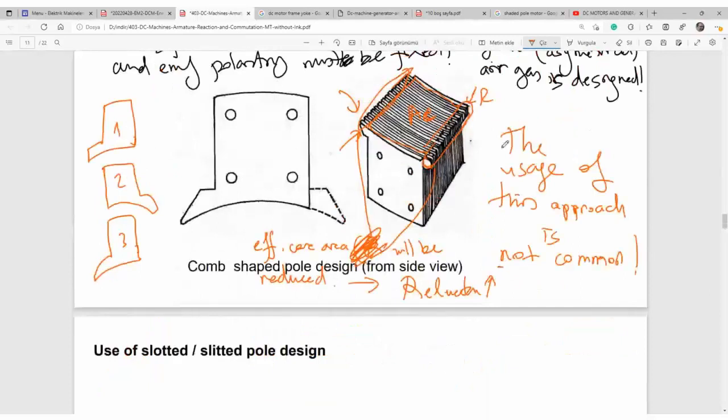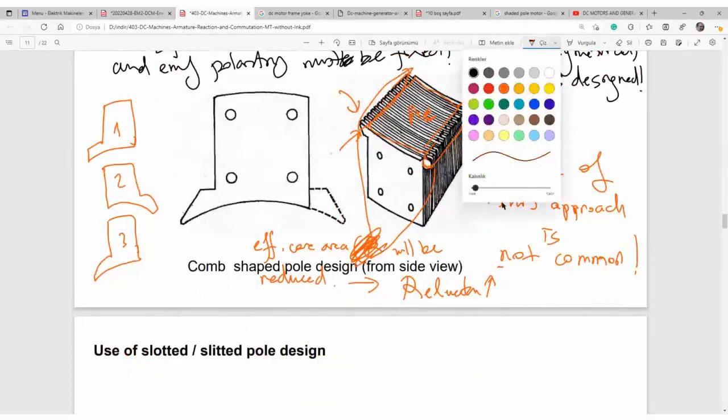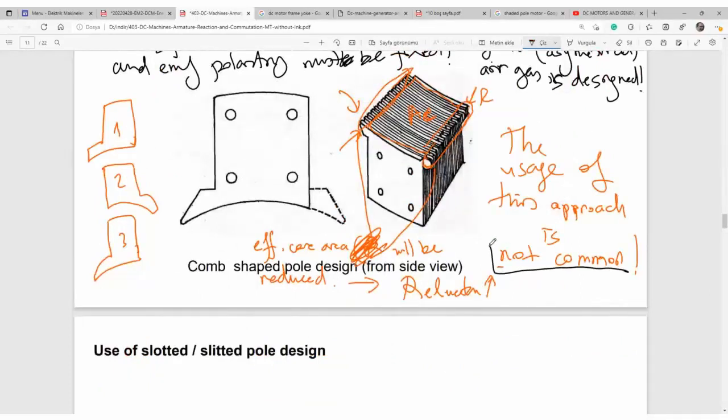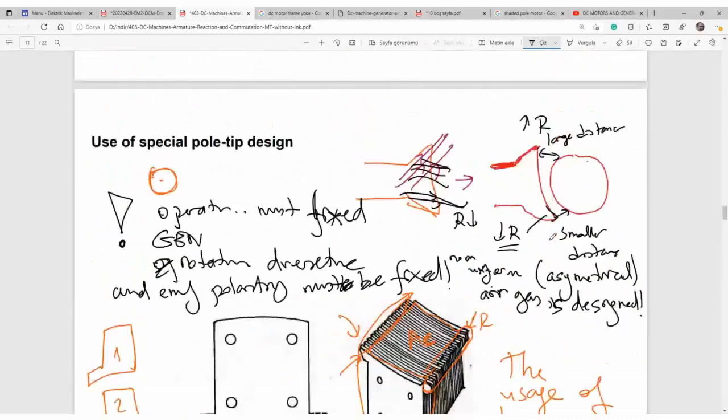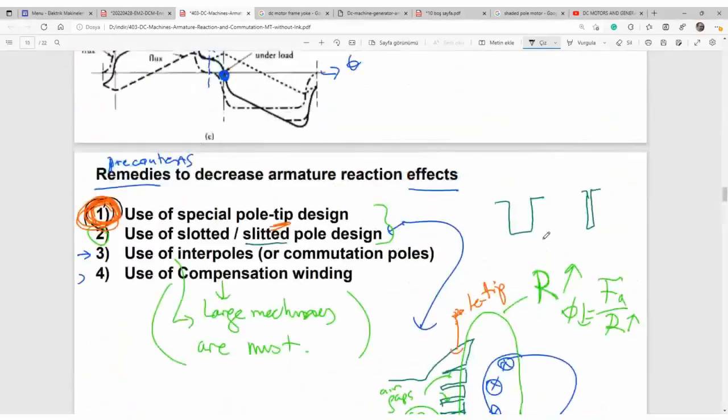Here you see. I haven't seen such a design. It was prior to the First World War. In warships there were such designs, but later in professional systems we always use first the third approach and then the fourth approach.